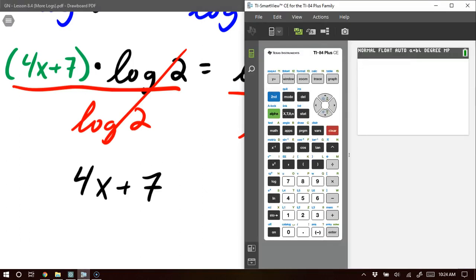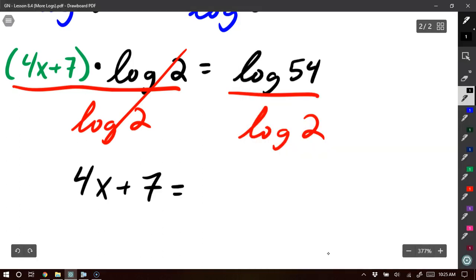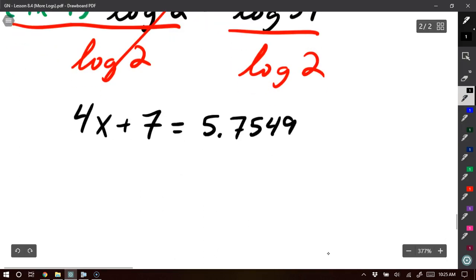I'm going to do something a little bit different. I'm going to hit the alpha y equals, create the fraction, log 54 over log of 2, hit enter, 5.75488, so 5.7549. And now, I mean, it's decimals, it's going to be nasty, but we're going to just solve it the way we normally would.